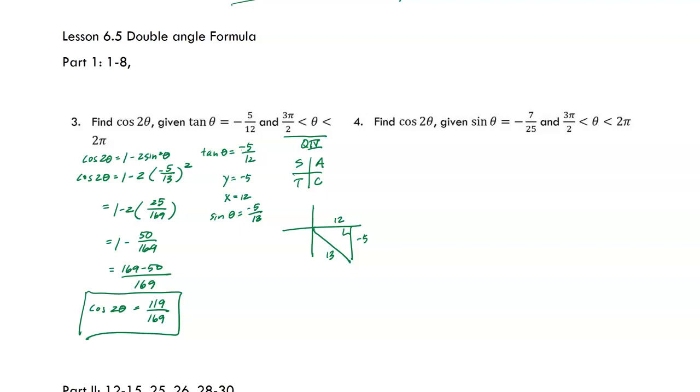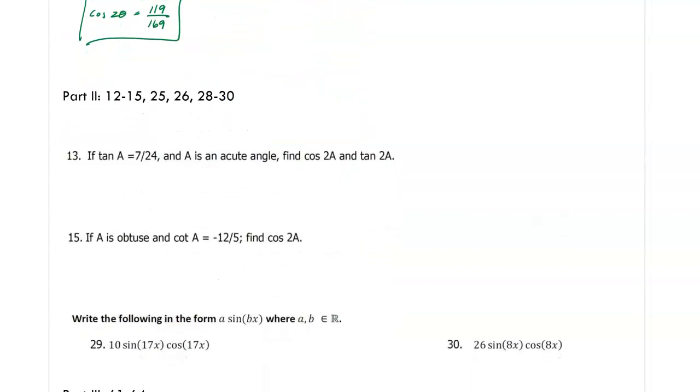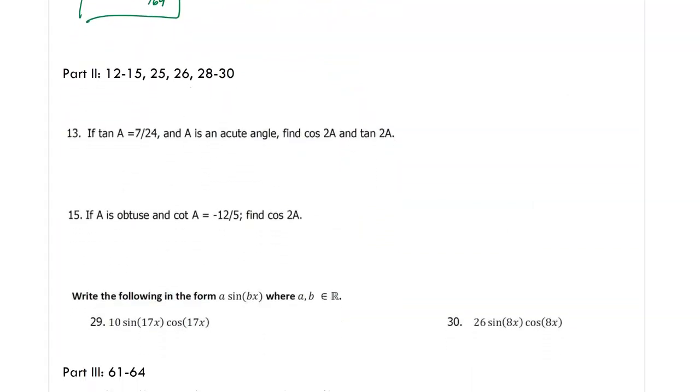Pretty much number 4, you do it the same way, except it gives you y over r. We know that it's going to be in quadrant 4. Okay. Part 2. In part 2, there's some interesting problems that I just want to point out, what it involves using the formula. Okay. Acute angles.